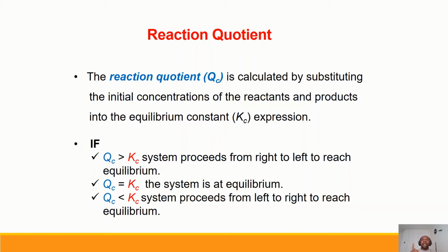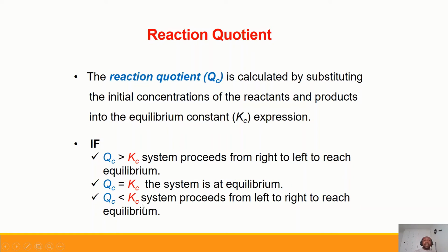So from the previous example that we did just now, the Qc is greater than Kc. That means the reaction is going to proceed from right to left to reach equilibrium. So that's going to be the direction of the reaction. But if Qc and Kc are equal, then the reaction is at equilibrium.